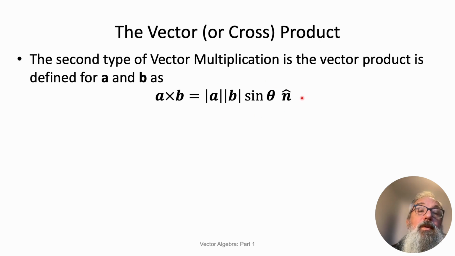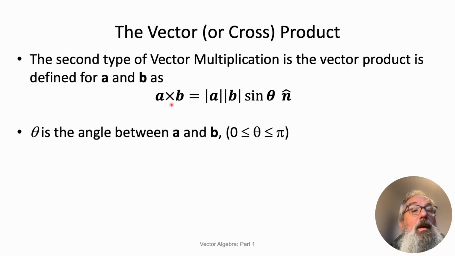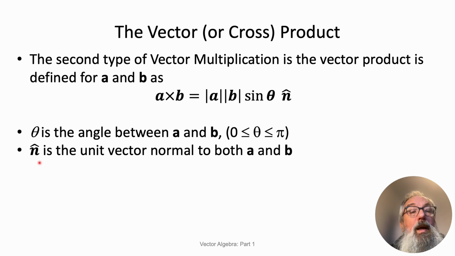So what it turns out to be is that this vector product results in a vector which is at right angles to A and B. And this is super useful in terms of geometry. So theta is the angle between A and B, as you may expect, and as I've said, n hat is a unit vector normal to both A and B. So let's see what that means.